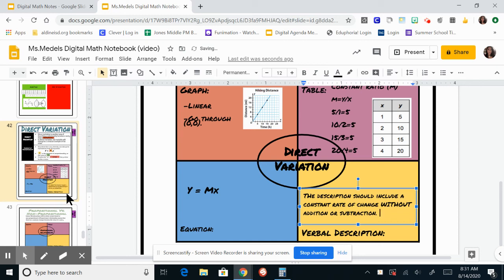So I should have that constant rate of change, or that slope, or the constant of proportionality, but I should not have addition or subtraction.